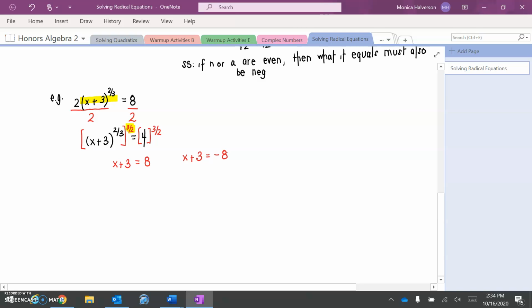Go ahead now and solve the rest of this problem. If we solved both of these equations, we would get solutions of x equals 5 and x equals negative 11. And if I plugged both of them into our original equation, they would work out as solutions.